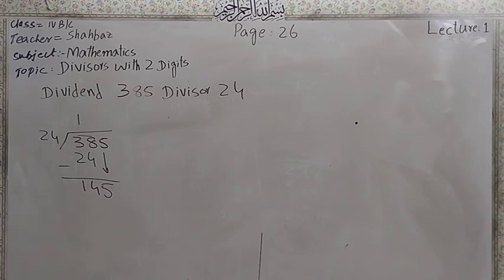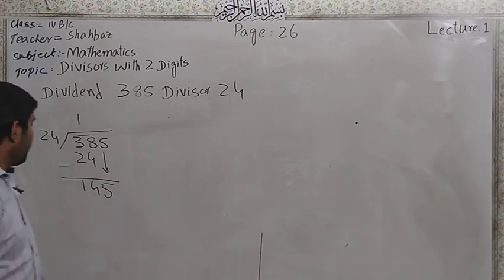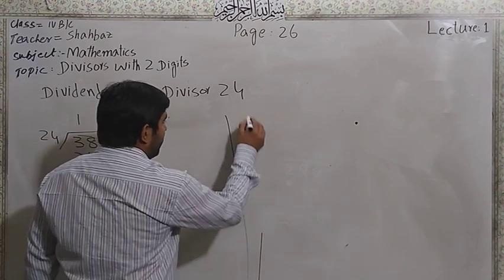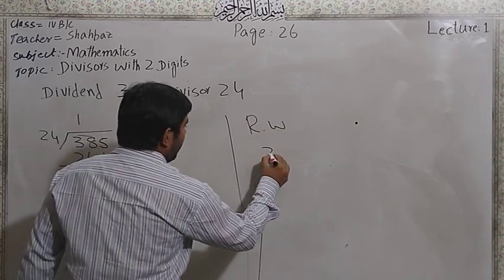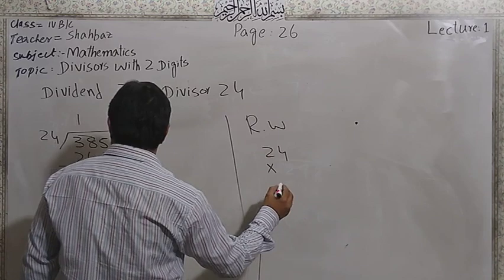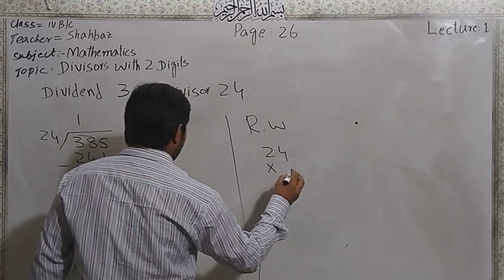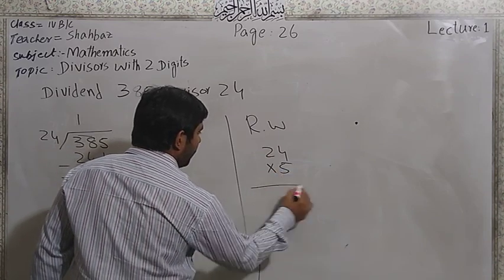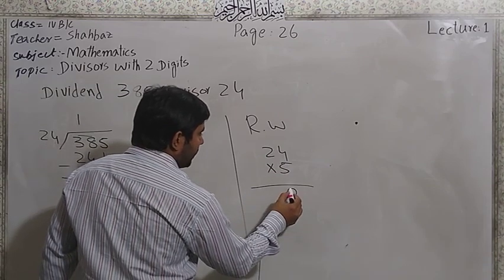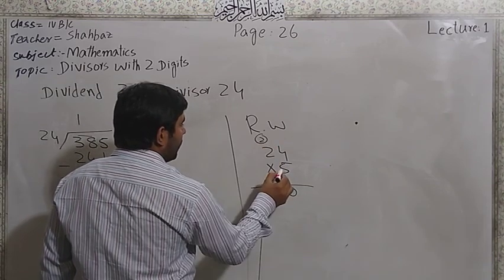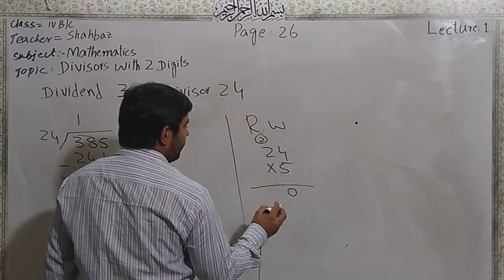Okay, students? Now you have to guess this 24. How many 24s are equal or less than 145? You will do your rough work. 24 multiplied by, we guess, 5. 5 times 4 is 20, 0, 2 will be carried. 5 times 2 is 10 and 2, 12.